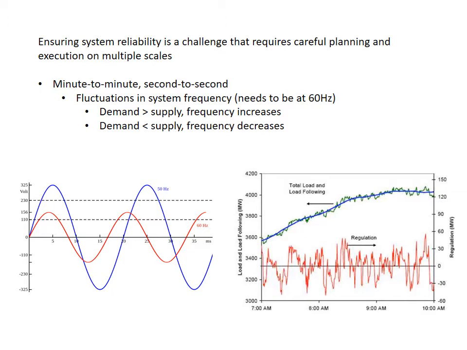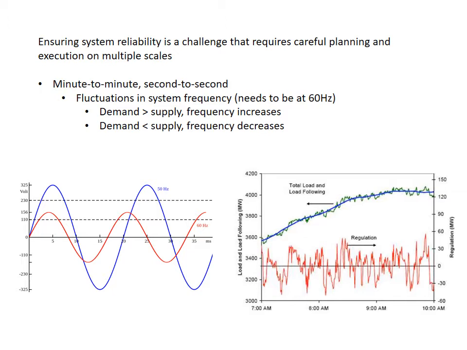So if you recall from the lecture on the Grid 101, we talked about why we have AC power systems in the United States, and we talked a little bit about the mathematics of AC power and AC power flow. And so you should realize that the supply of electricity is this constantly fluctuating value, and the rate at which it fluctuates is the frequency.